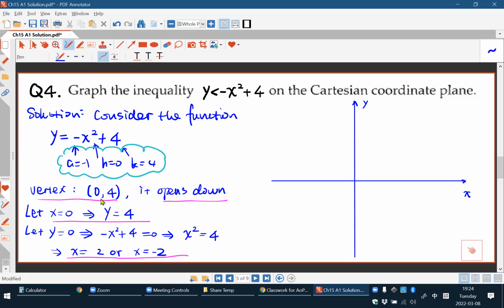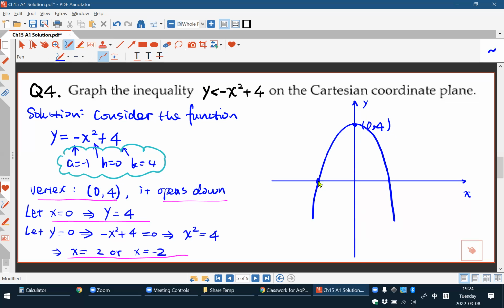First of all, find the vertex (0, 4). Let's suppose it is here. And we know that it opens down, right? So it will have a shape like this. And the y-axis is a line of symmetry, right?